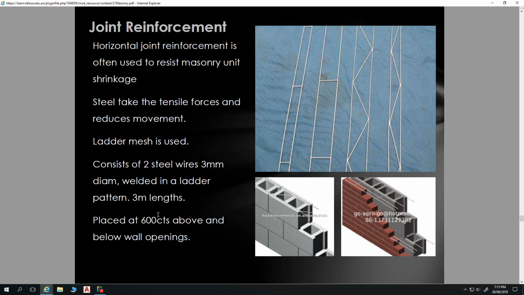This mesh helps to control that shrinkage and spread that shrinkage evenly through the wall. But it also provides tensile strength in terms of any movement of that wall and that twisting and opening up as well. It consists of two steel wires of 3 millimeters diameter, welded into a ladder fashion, either of these profiles, and then that's laid on top of your block work to go into your mortar.